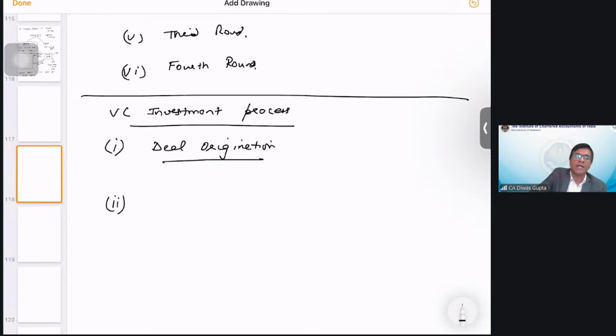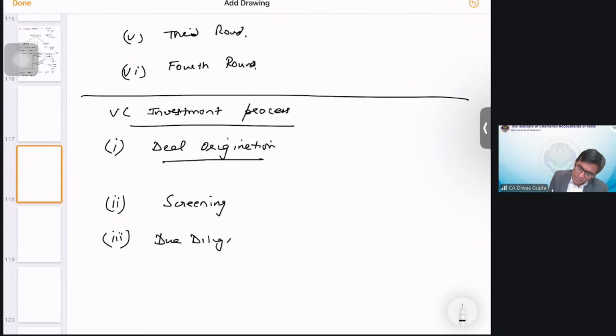After the deal origination has happened, then the screening will happen, right? So the VCs will screen all these applications. These are some of the committees that they develop, right? As I said, there will be some general partners who are appointed. So they will do the screening of such applications. After screening, there will be due diligence carried out.